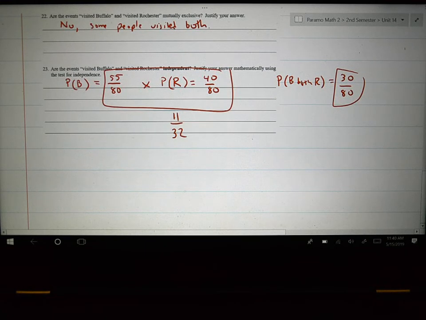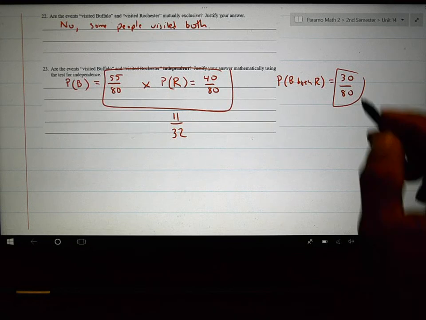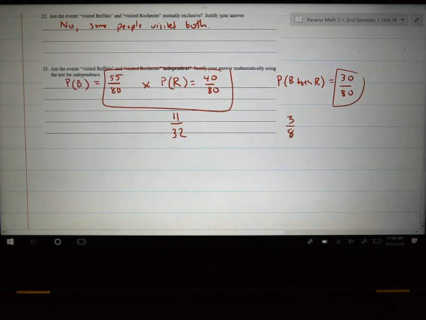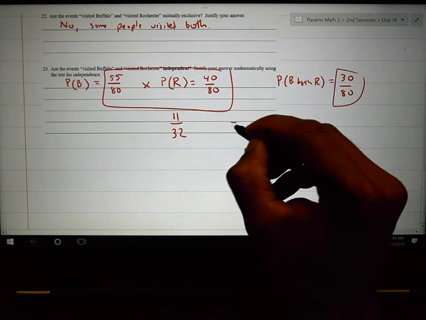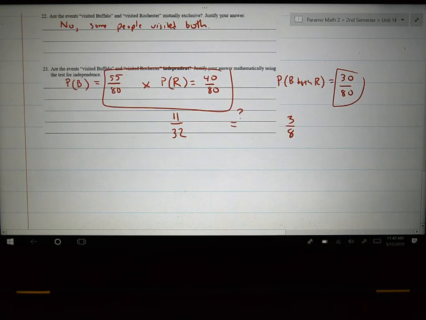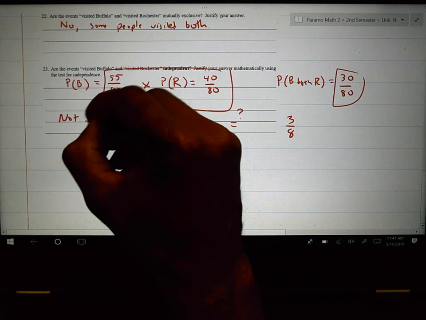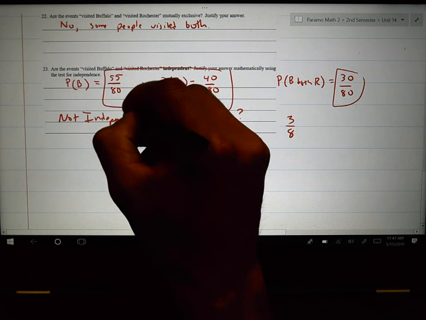This is what I get for the probability of B and the probability of R. Now over here, if I reduce this, this is 3/8. Are these equal to each other? If they are, they're independent of each other. Well, they're not equal. So that must mean these are not independent of each other.